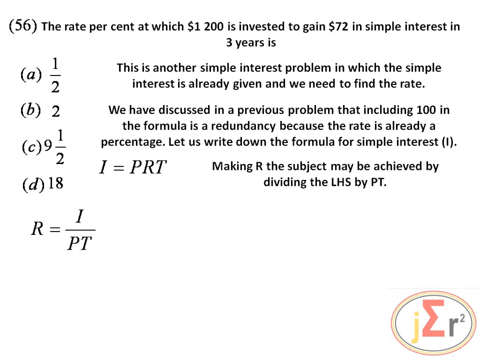Then of course we will take the R and make it the subject by placing it on the left hand side, and the other expression is placed on the right hand side. There we have the values. P is 1,200, T is 3, and I is 72.